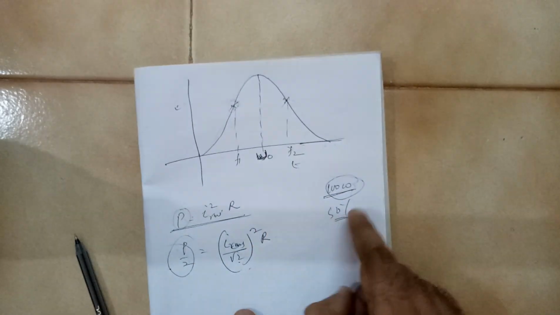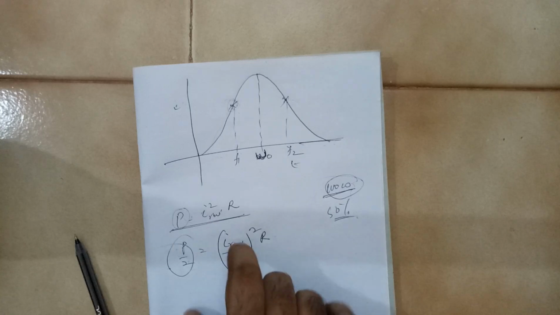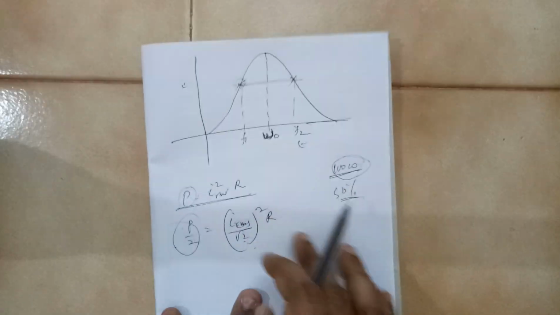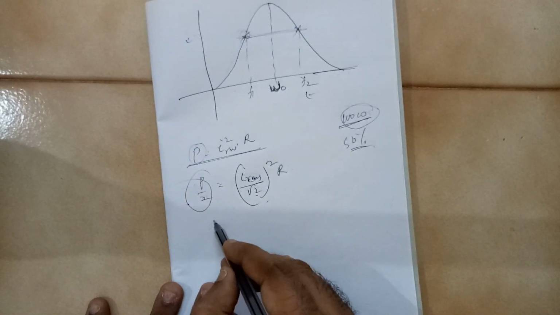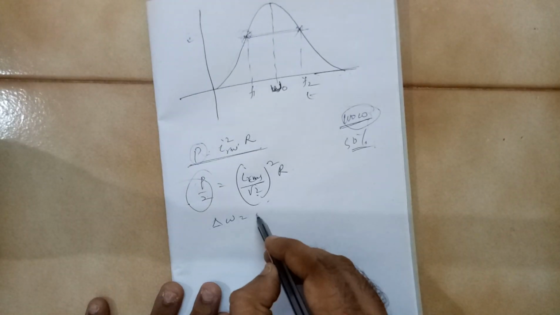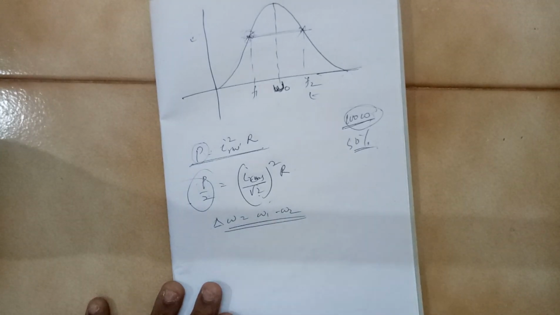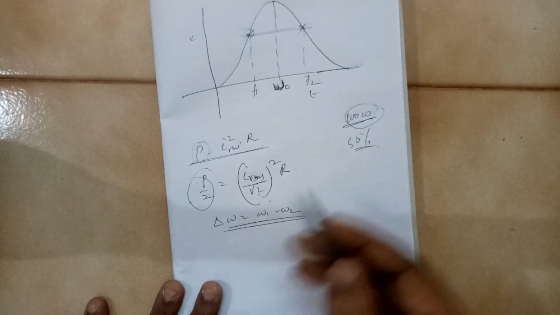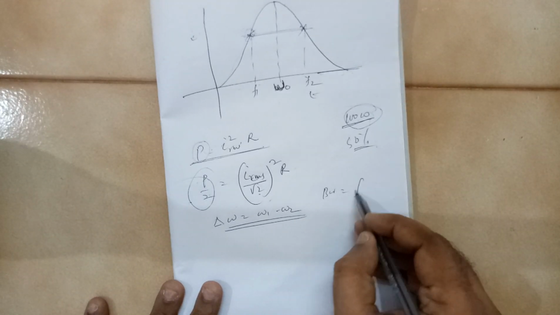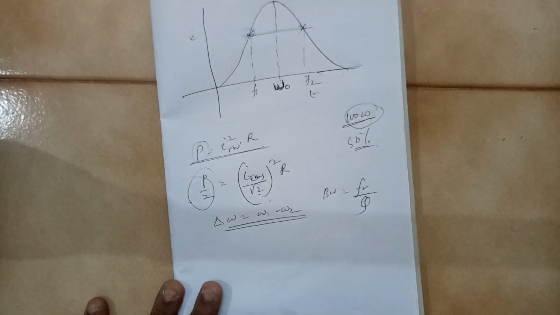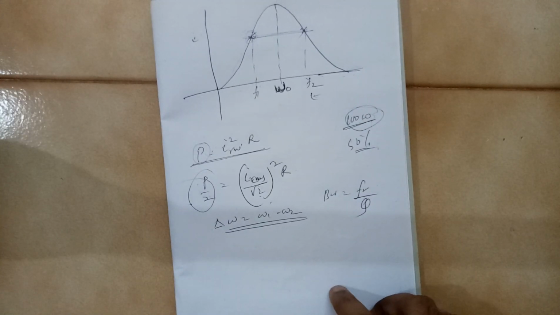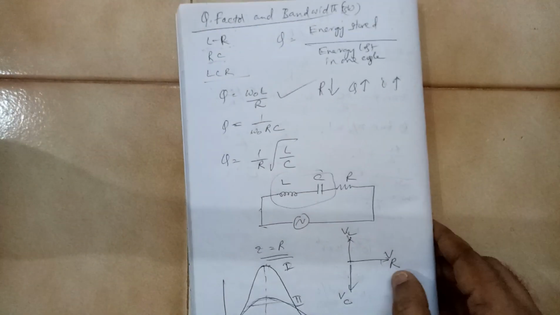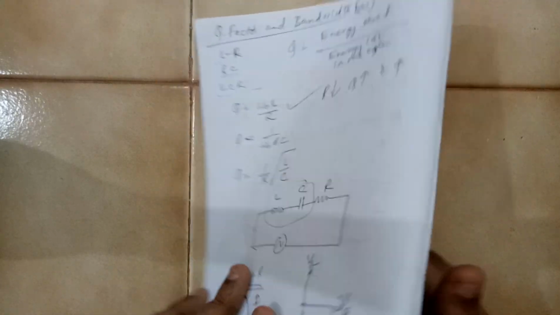At a particular frequency you are getting 100 watts, and there are two frequencies where you are getting 50 watts. So bandwidth is basically the difference of these two frequencies. That is the definition of bandwidth, and bandwidth is defined as the resonant frequency divided by the quality factor. So understand these terms, and you can solve some numericals based on them.